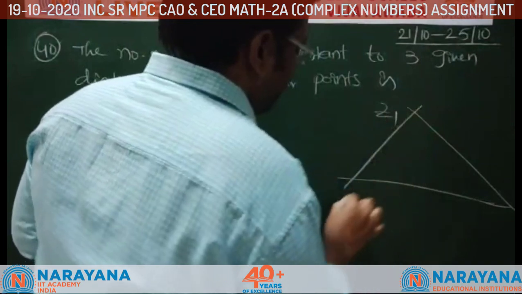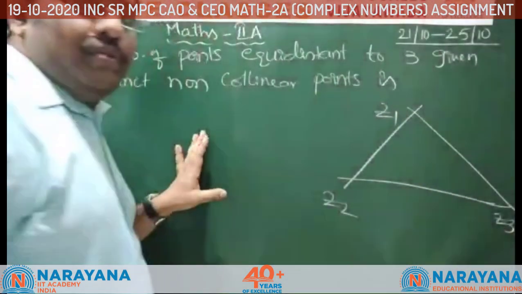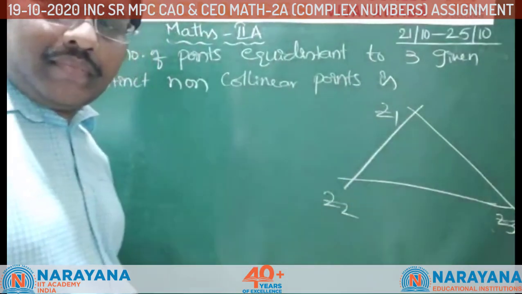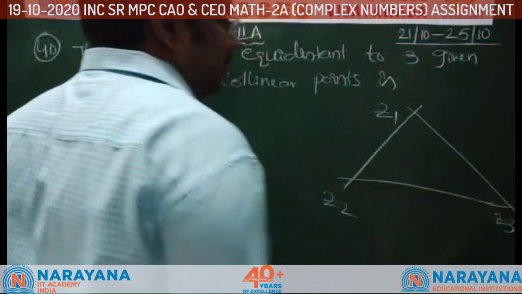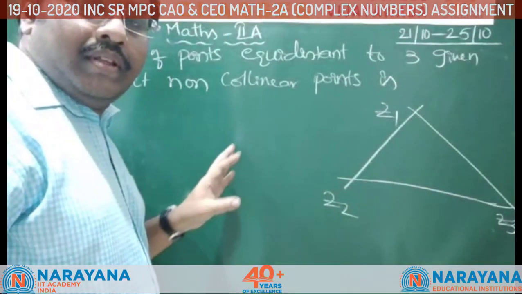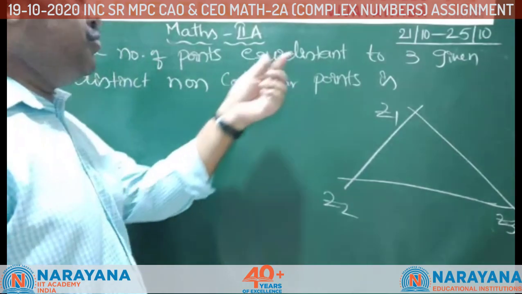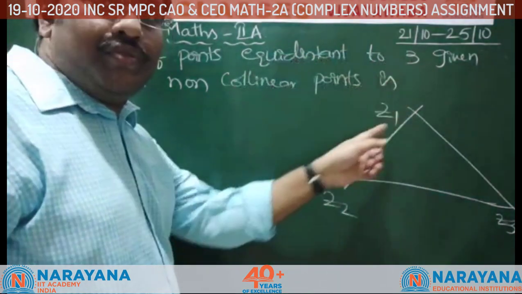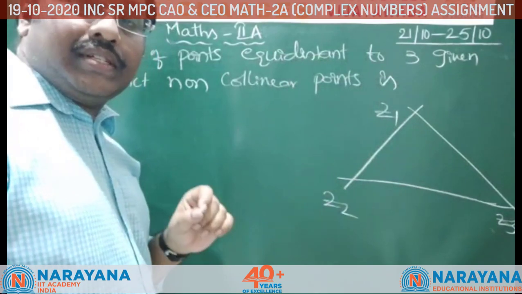Let us take Z1, Z2 and Z3. In this triangle, the number of points which are equidistant to these three given points is unique, which is the circumcenter.